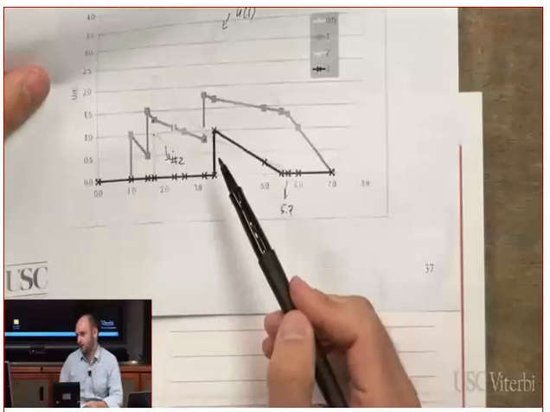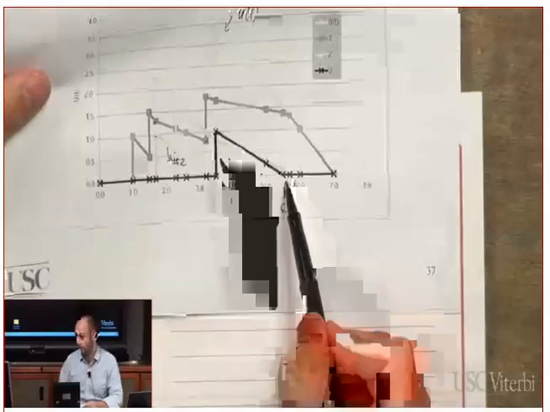Or at t equals 2, we can have VT equals the previous value, 4.2, plus... How much is it after 1.7?